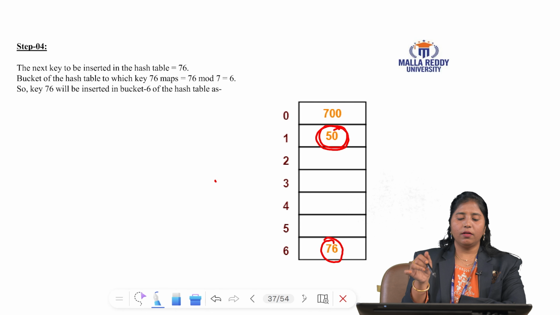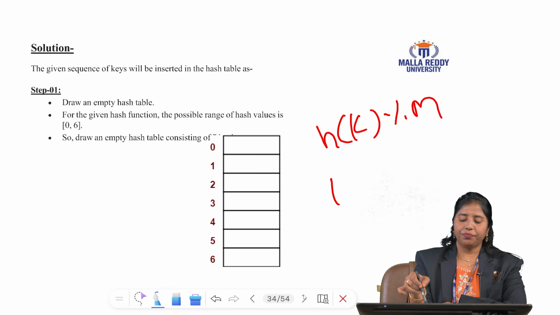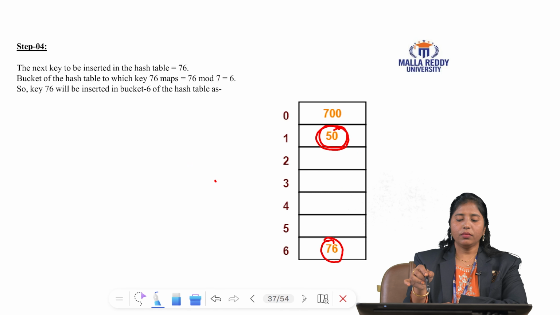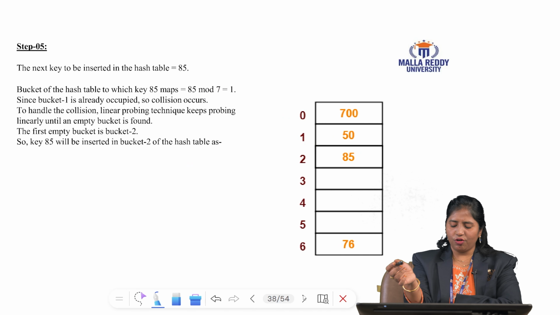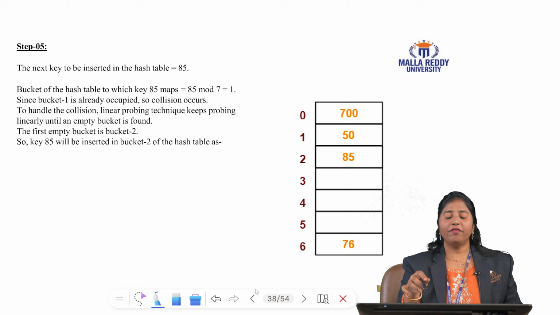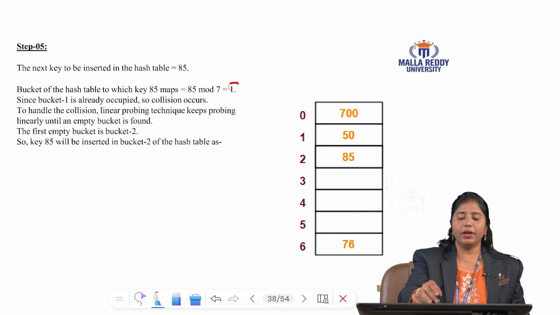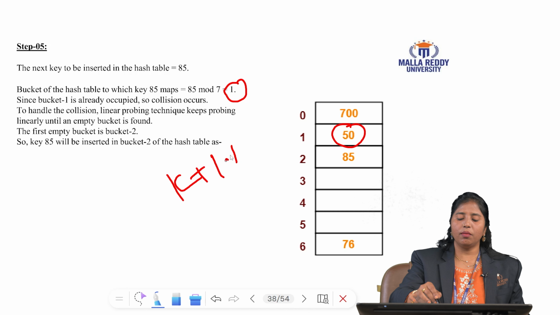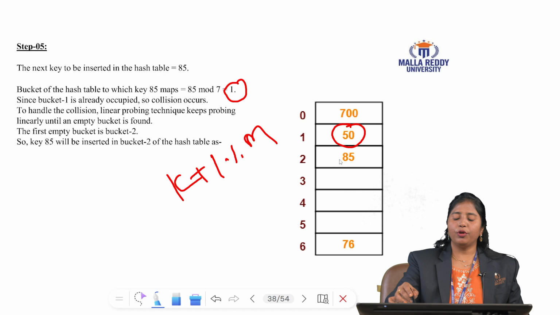Then the third element, 76 mod 7, we got the 6th place, so we store the element at the 6th place. 85 mod 7 is 1, and the first place already has 50 stored, so now we have to do K plus 1 mod M.